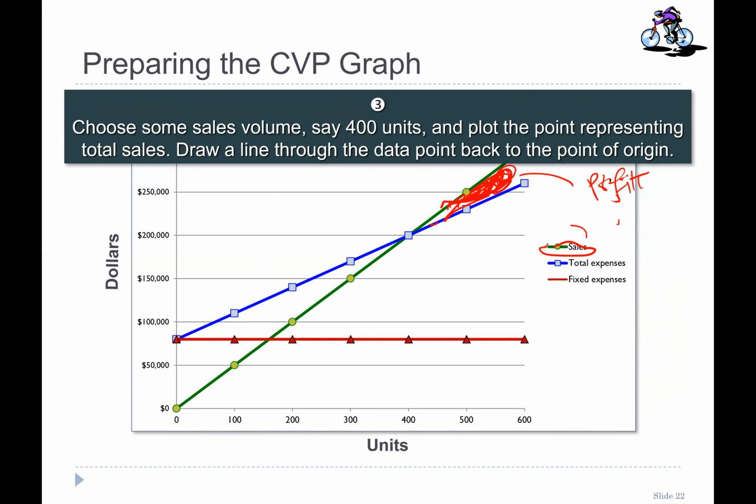Normally in mathematical geometry, you learn these kinds of things, but it shows where we are breaking even, on this point, where your sales is equal to your cost, right? And which cost?